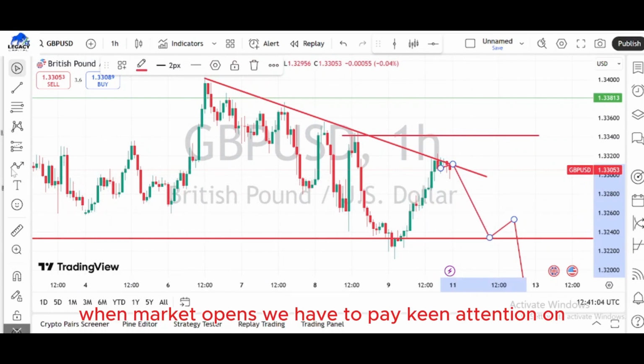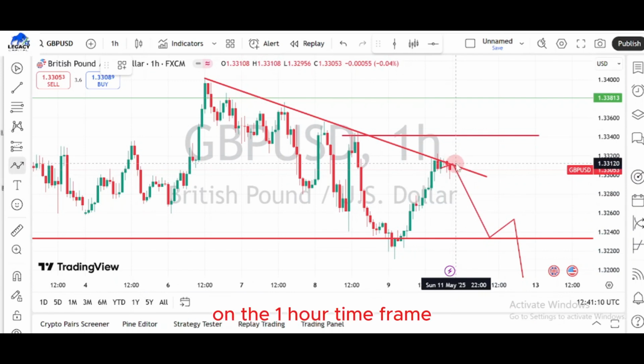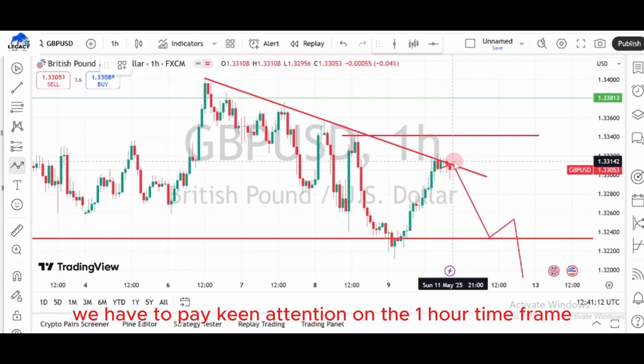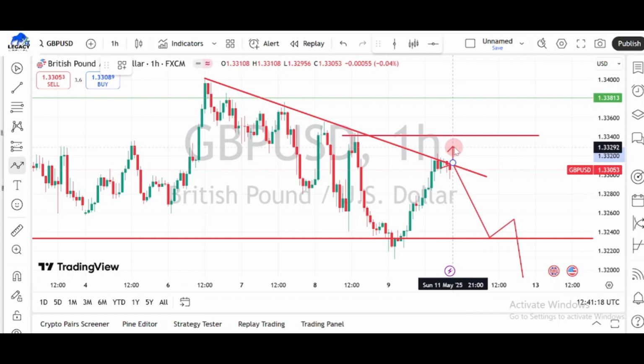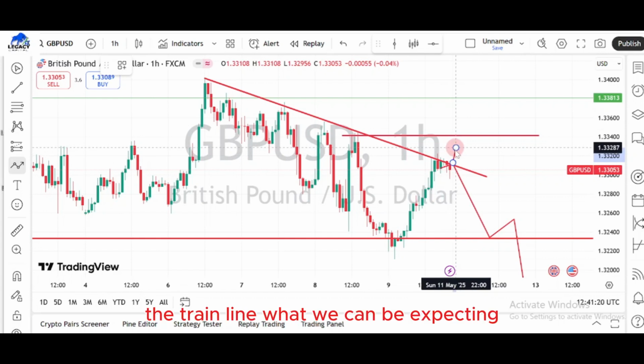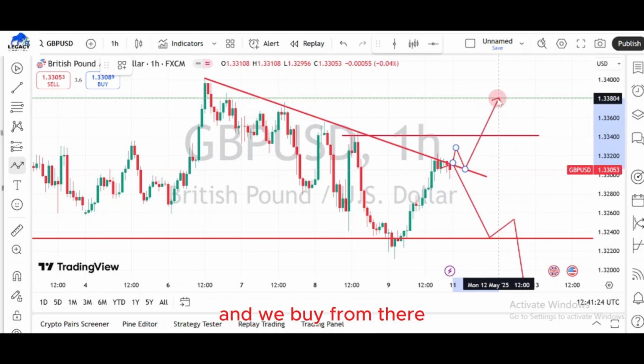In that case, when the market opens, we have to pay keen attention on the 1 hour time frame, because if the market opens and breaks this zone, the trend line, what we can be expecting is to wait for the market to retest the trend line, and we buy from there and possibly expect the market to get to the level of 1.33800.